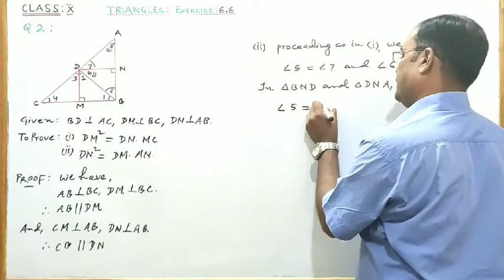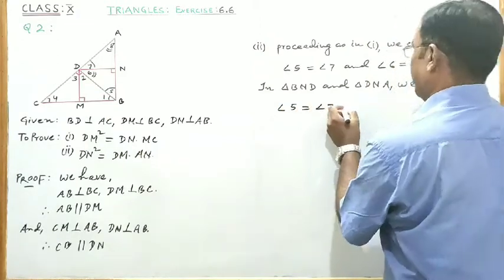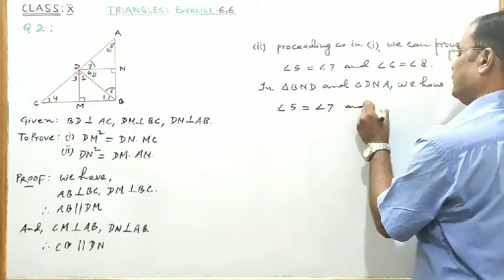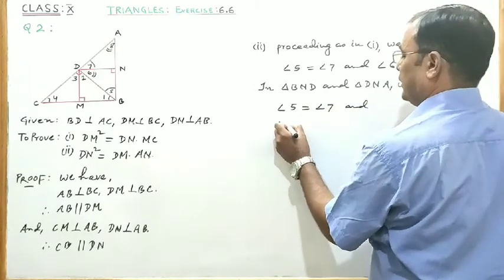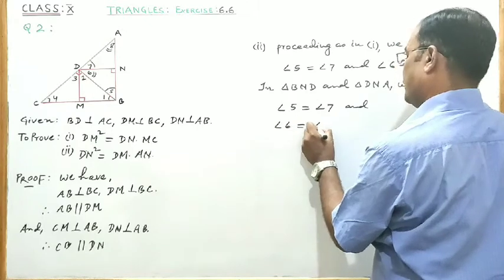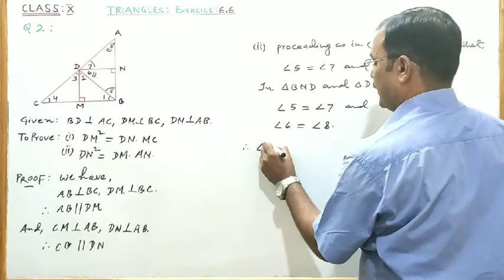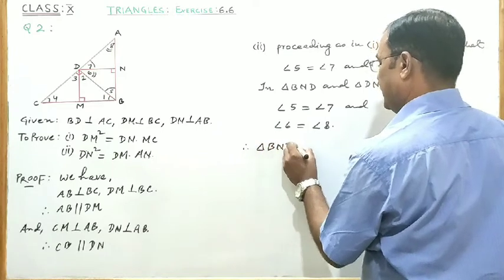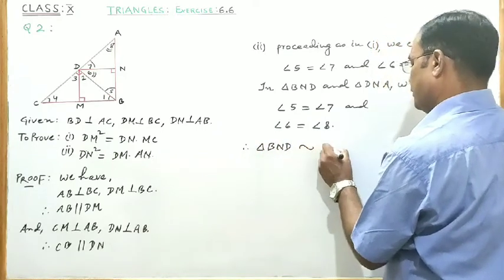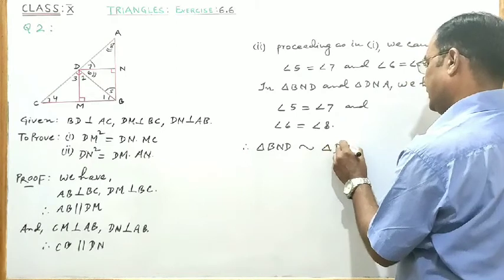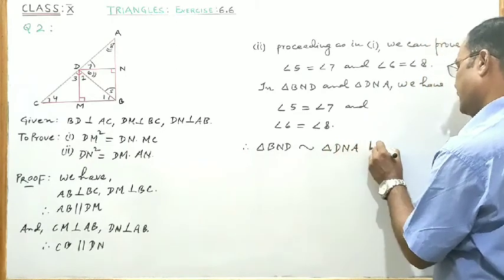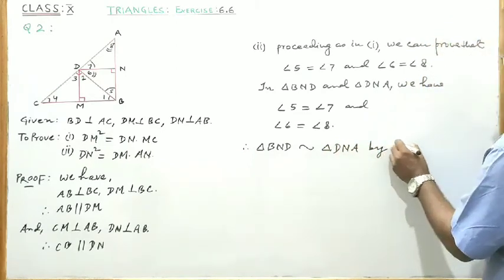Angle 5 is equal to angle 7, and angle 6 is equal to angle 8. Therefore, triangle BND is similar to triangle DNA by angle similarity.